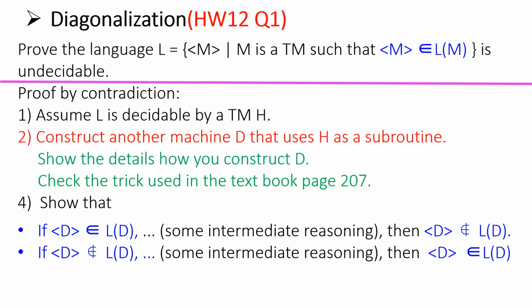And similarly, in the other case, you start with the encoding of D not in LD, but reach a conclusion that the encoding of D is in LD. So how you construct D is the key. If you have no idea how to do that, I recommend you check the trick used in the textbook, page 207.